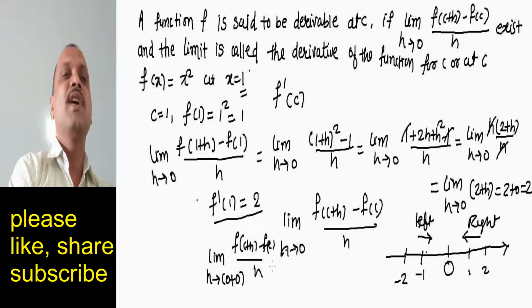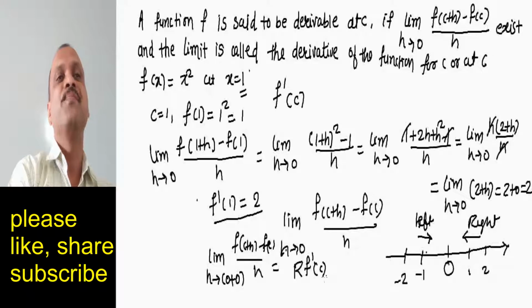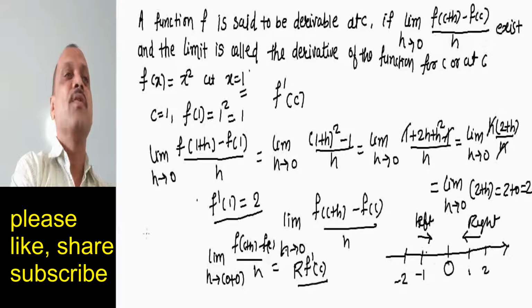We call this a right derivative and we denote it by R f dash of c, the right derivative simply. And when h takes negative values, we write it as the limit h tends to 0 minus.